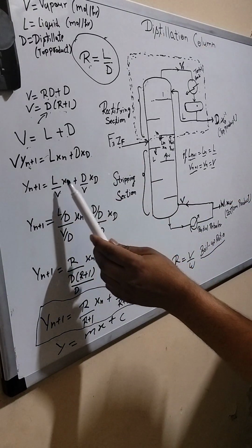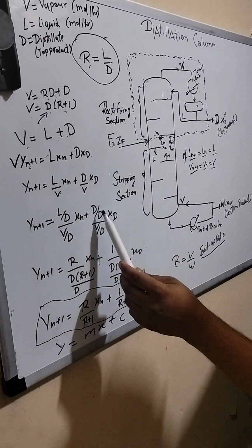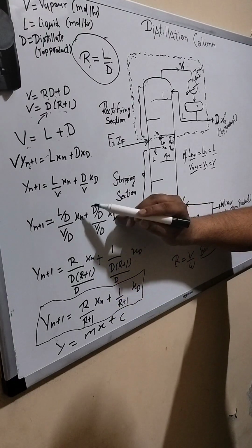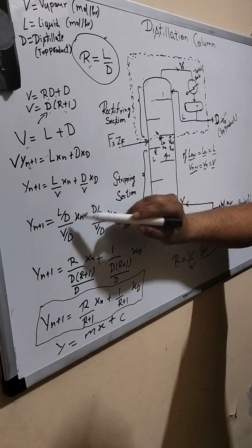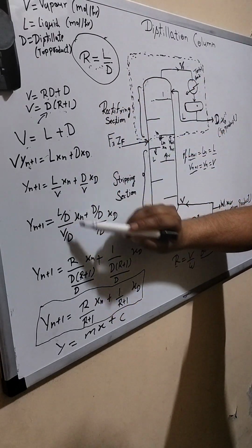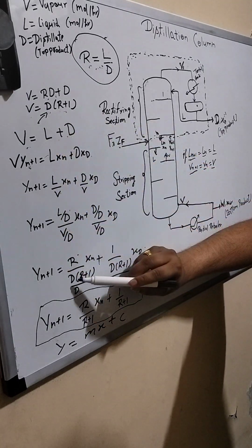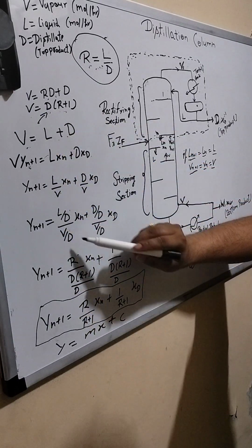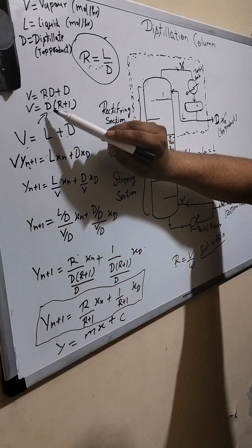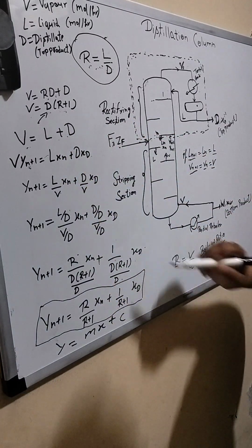Now we divide numerator and denominator by D, giving L by D, V by D, and D by D, V by D. We know that L by D is equal to R from the earlier equation, so we put R. V is equal to D times R plus 1, so we put here D times R plus 1 divided by D. D by D is equal to 1, and we divide by D into XD.